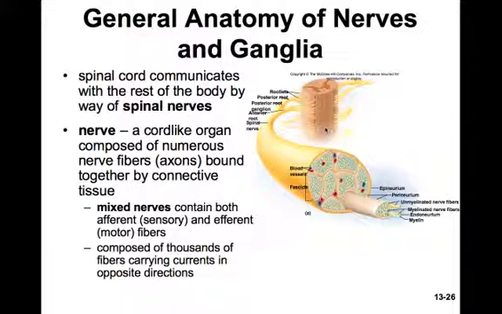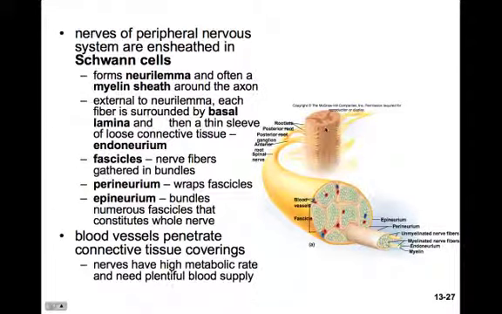Each nerve is composed of thousands of fibers carrying currents, sometimes in opposite directions. The nerves of the peripheral nervous system are ensheathed within Schwann cells. Remember, the Schwann cells form a neurolemma and often a myelin sheath around the axon.